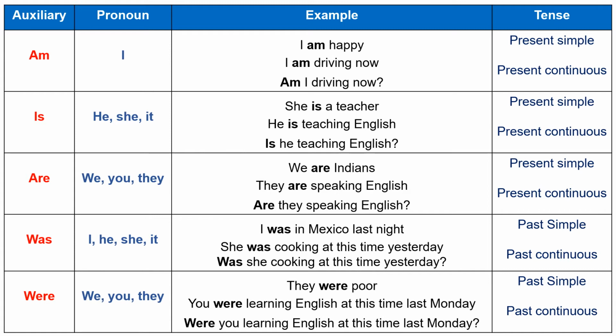Next example, you were learning English at this time last Monday. In this sentence, were is auxiliary verb. Next example, were you learning English at this time last Monday? This is past continuous tense, yes or no question. In this question also, were has been used as an auxiliary verb.